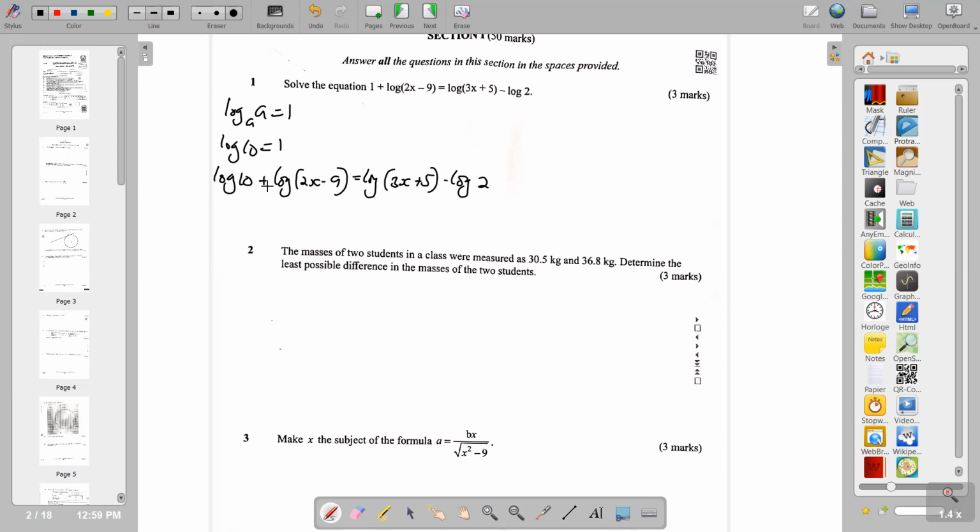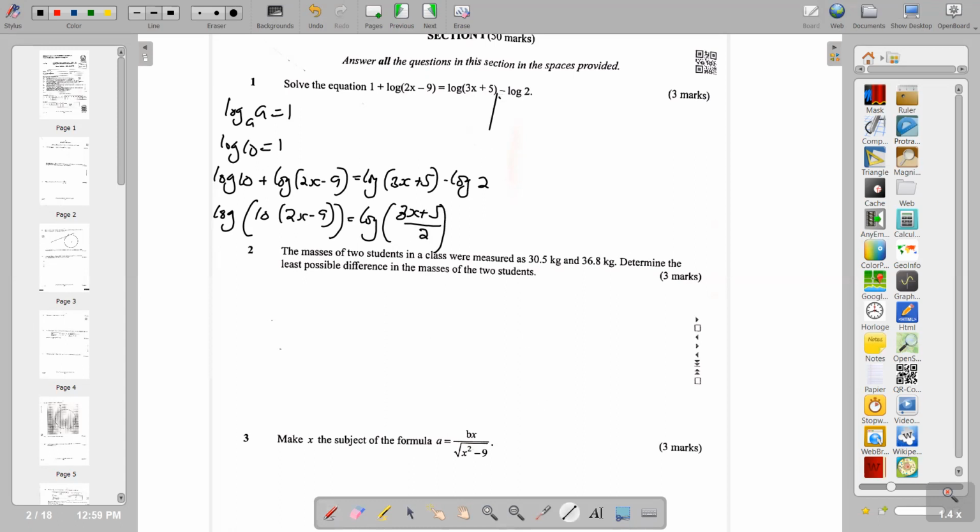Now, the moment you have addition of logs, you know that is multiplication, and difference of logs is division. So that will be log into bracket of 10 into bracket 2x minus 9 is equal to log into bracket of 3x plus 5 over 2.